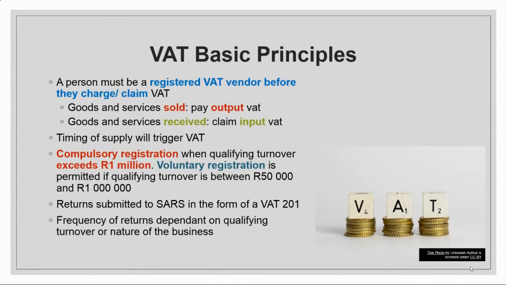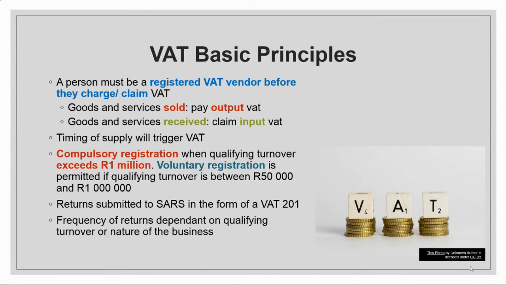And then we also fill in the input VAT, split it out as well, and then they generally show a net amount, which is your net payable or net refundable, depending on whether your output VAT is more than your input or vice versa. Now that form needs to be submitted by the 25th of each month if you do it as a hard copy, otherwise by the end of the month if you do it electronically.